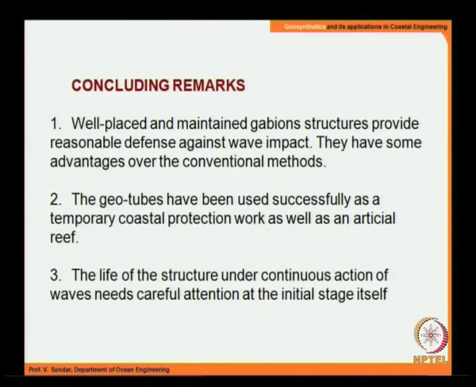Concluding remarks: well placed and maintained gabion structures provide reasonable defense against wave impact. They sometimes have advantages over the conventional methods. The geotubes have been used successfully as temporary coastal protection work as well as artificial reefs. Then the life of the structure under continuous action needs careful attention right from the initial stage itself.